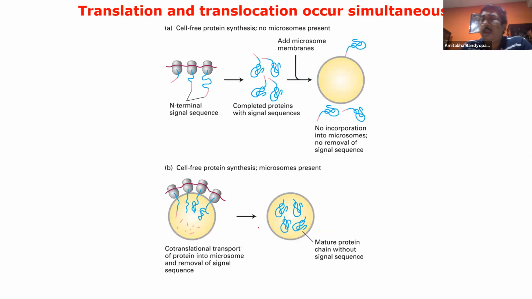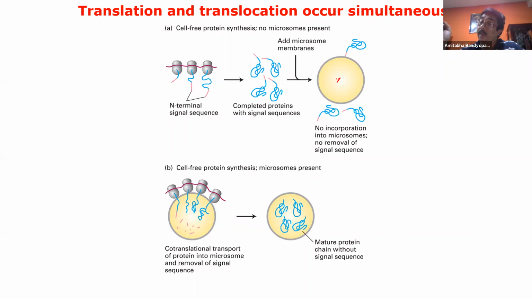They also showed that translation and translocation occur simultaneously. If you first do the in vitro synthesis and then add the microsomal membrane, then if you add protease, the proteins will be degraded. So if you provide the microsomal membrane after the proteins are already made, they cannot get into the luminal side, which is why they are degraded by the protease.